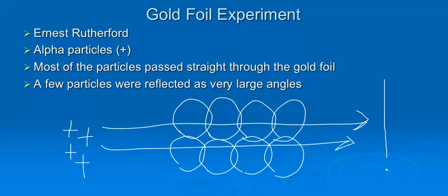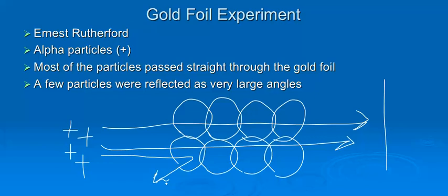You have some kind of detector over here that detects where they hit. But every now and again, a particle hit something in the gold foil and was deflected at a large angle. But 99.99% went straight through the gold foil. Just a few were deflected at large angles.